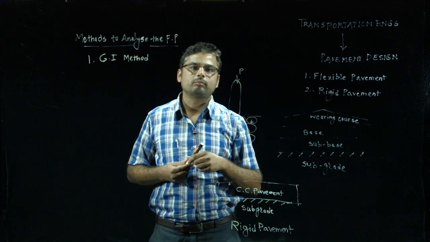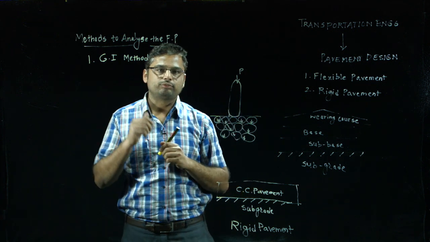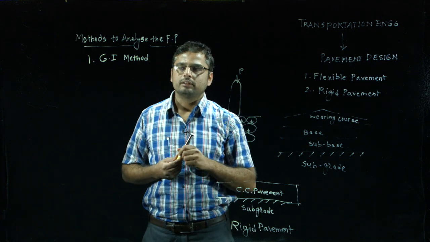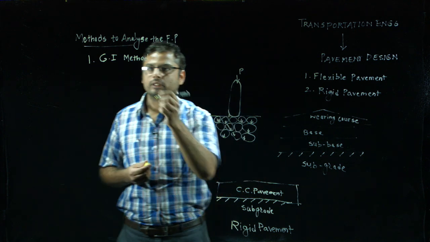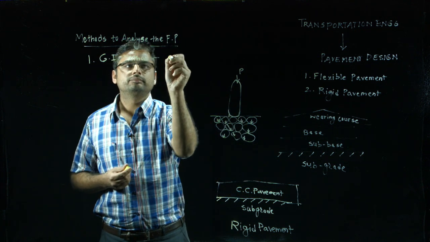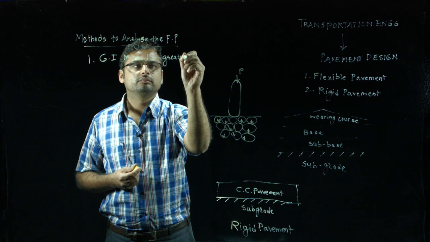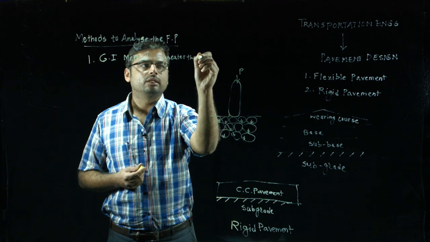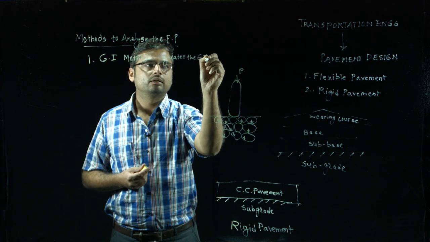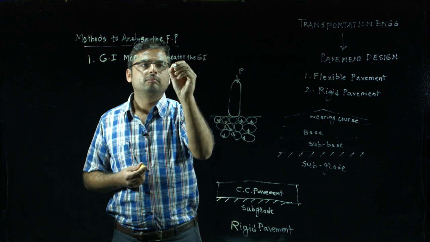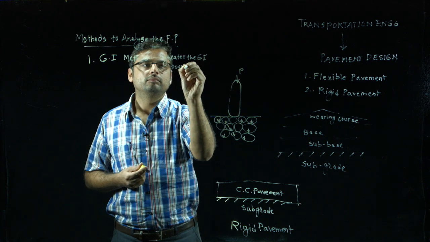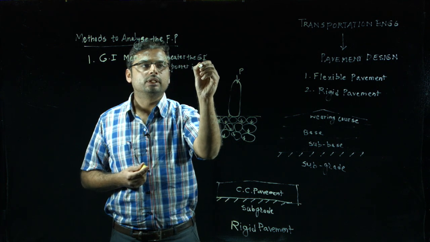Now, in this GI method, there is a formula of GI. There is a number. Greater the GI, poorer is the quality.